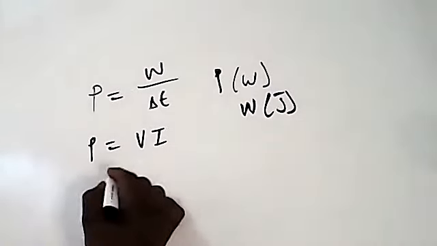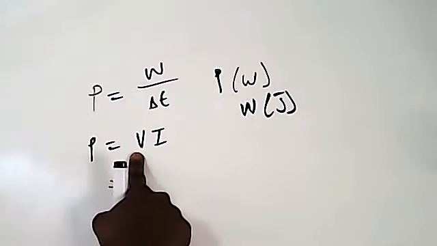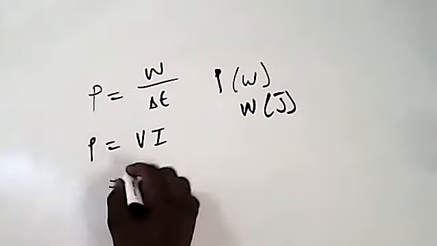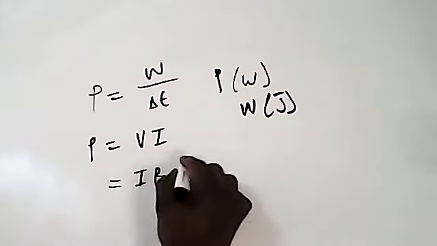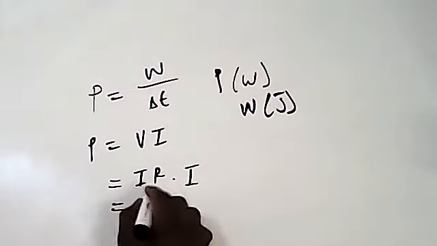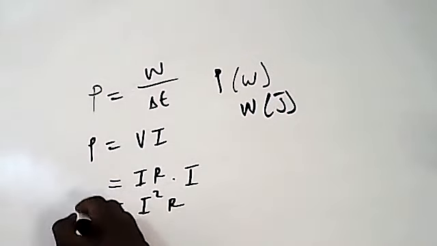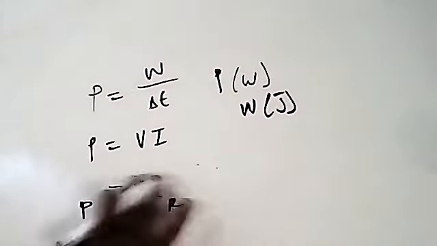But from this, we know that voltage is current multiplied by resistance, V = IR. So another formula for power is P = I squared R, right?